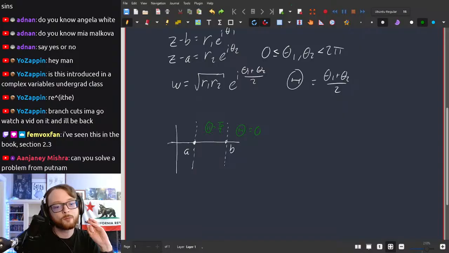Like, maybe that's what this is trying to say. But the issue is that if B is really far away, then it's kind of the work that I just deleted, where the angle measured from B is approaching pi.